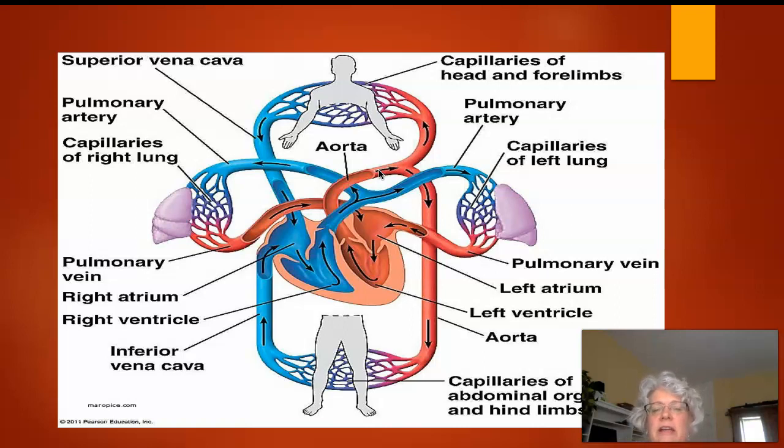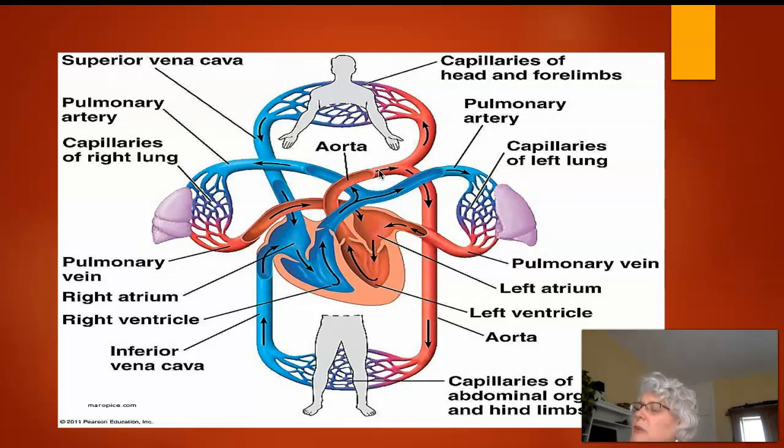The coronary arteries, which we need to talk about a little bit because we're going to be talking about coronary artery disease. So once the blood leaves the left ventricle into the aorta, some of it goes into the coronary arteries, which are arteries around the outside of the heart that provide the heart with pretty much a constant, freshly oxygenated supply of blood, which the heart requires.